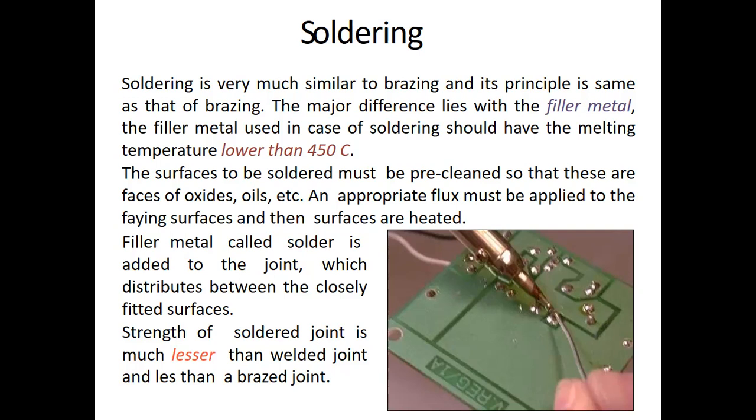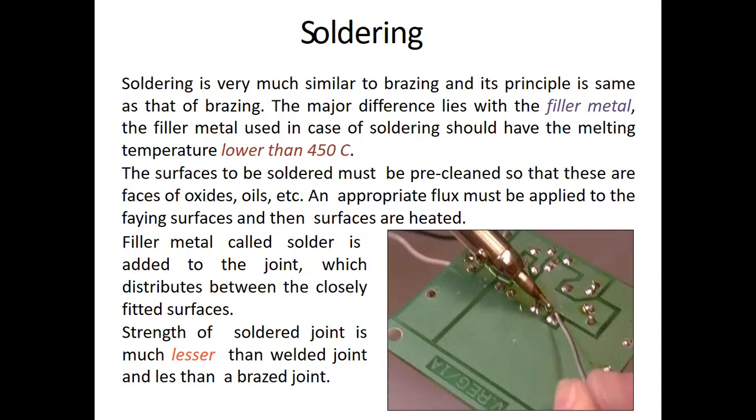That will lead to rusting and a defective weld, basically. And an appropriate flux must be applied to the fitting surfaces, and then surfaces are heated, right? Even flux is also supplied to prevent that oxidation, as we have seen in the earlier welding types, right? Flux was what was responsible for avoiding the oxide formation, etc.